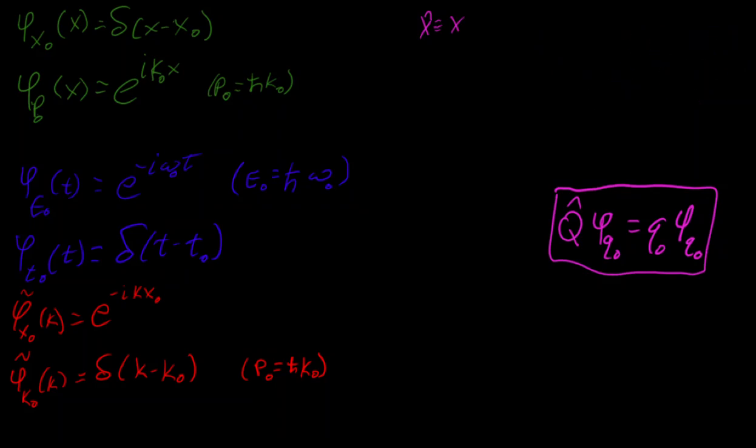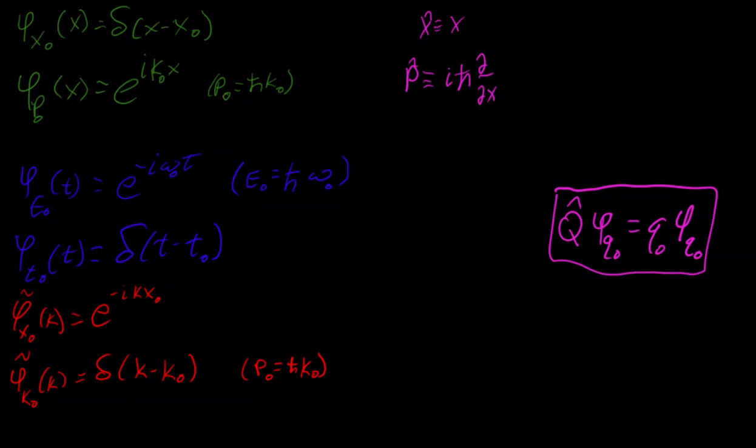So now I'm going to write down that p hat is defined as i h bar, and then, instead of a regular derivative, I'm going to use a partial derivative, d by dx. The reason is we're going to start working with the wave functions of both position and of time, and so we want to be able to specify this as a partial derivative, right?